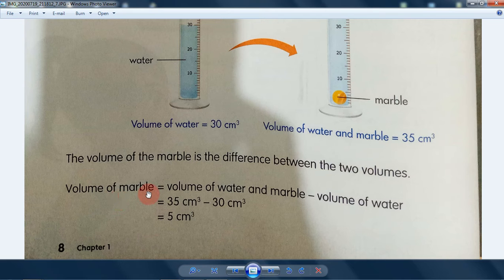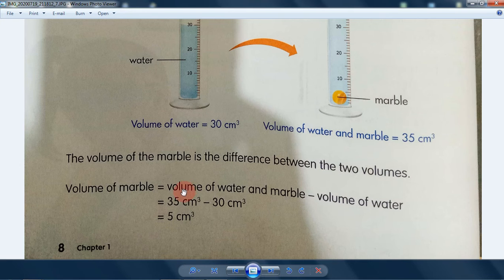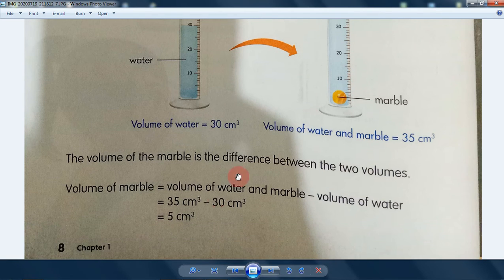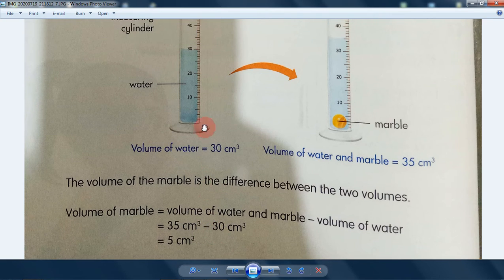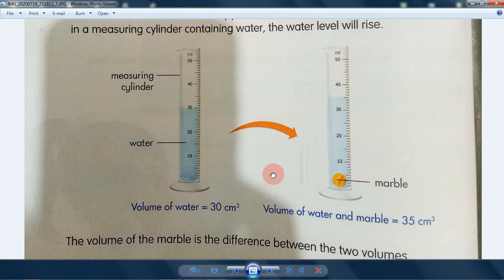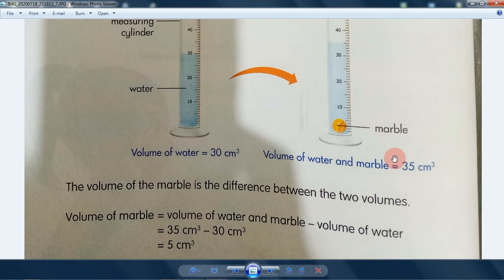If you want to find out the volume of the marble, you take the volume of water and marble, 35, and then subtract the volume of water before you put the marble in it. So it will be 5 centimeter cubic or 5 milliliter. Yes, easy, right?